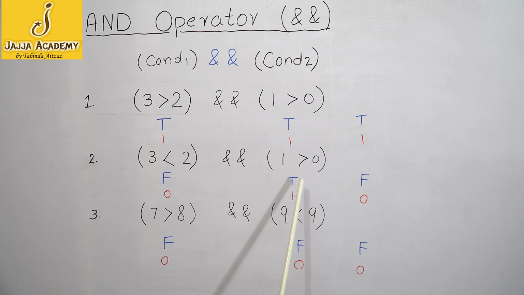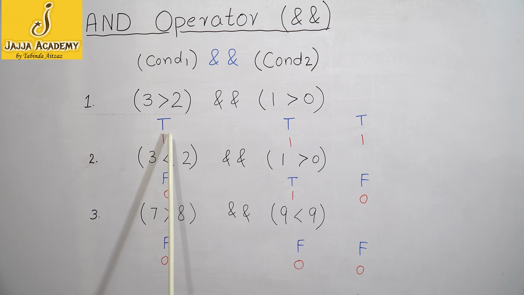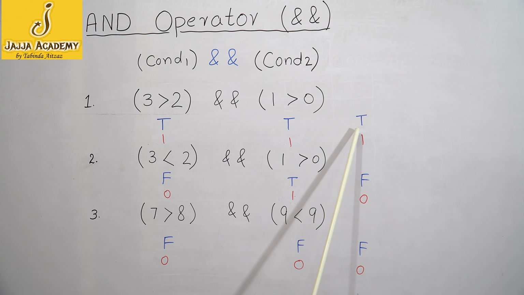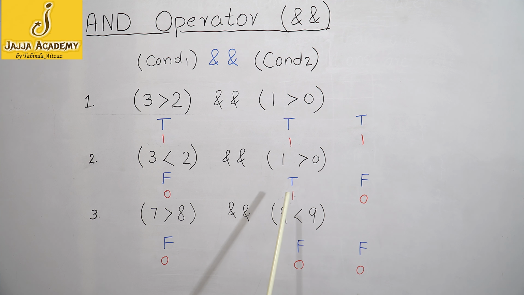This condition will return true, or 1, but this condition has returned false, 0. By the definition of AND operator, if both conditions are true, it will produce true result, otherwise the AND operator will return false. So false and true will produce false. 0 multiplied by 1 is equal to 0.